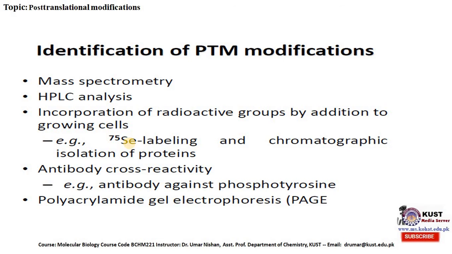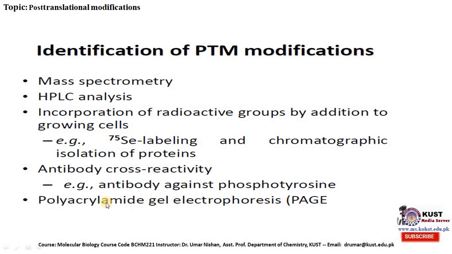Then we have another type, called antibody cross reactivity. Antibody cross reactivity can also be helpful in identification of post-translational modification. For example, antibody against phosphotyrosine is an example of identification of PTMs. Then there is another way called polyacrylamide gel electrophoresis, or PAGE.